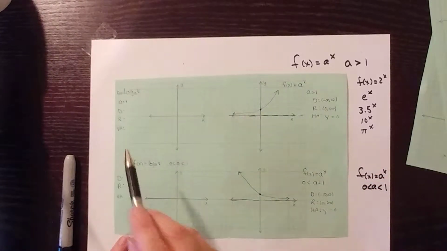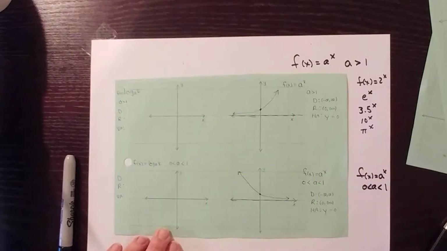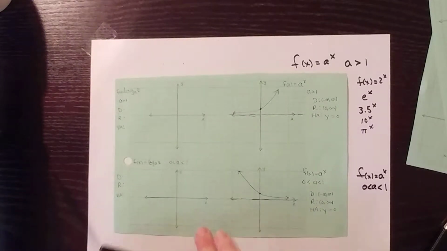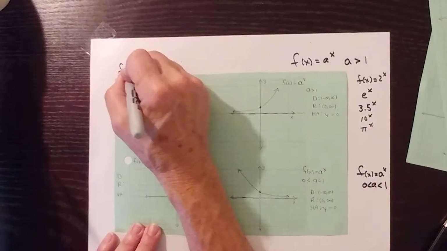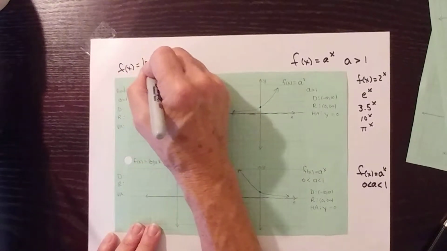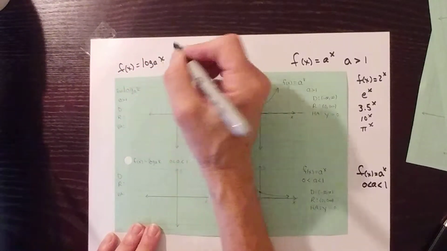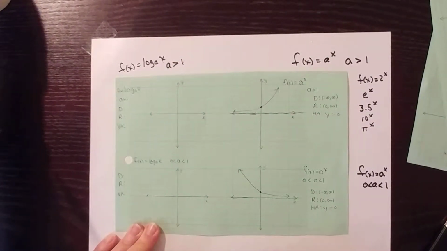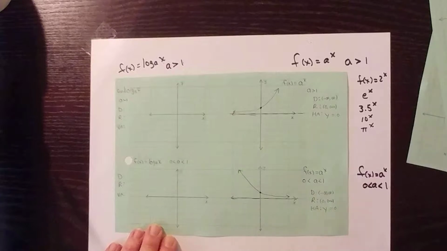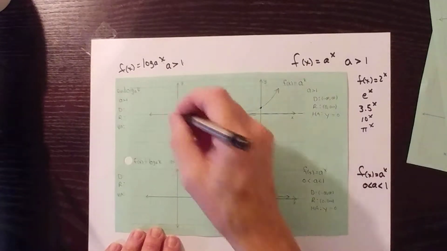Okay, let's go over here and talk about a logarithmic function. Just in case you can't see what I've written there, this function is f of x is equal to log base a of x, and this is the condition where a is greater than 1. Let's look at this graph. Okay, when the base is bigger than 1, this is what a log graph looks like.